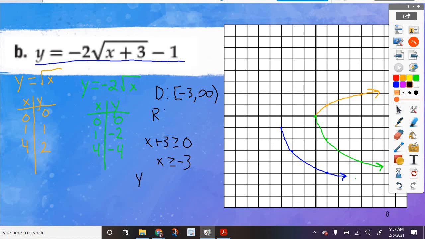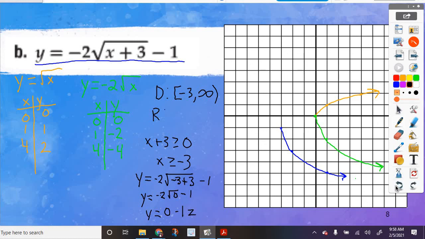And then to find our y value, notice that we would get the square root of 0. The square root of 0 is 0, times anything is still going to be 0. So I get 0 minus 1 gives us negative 1.